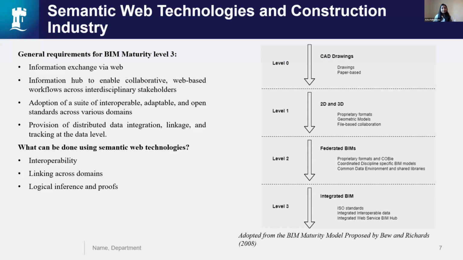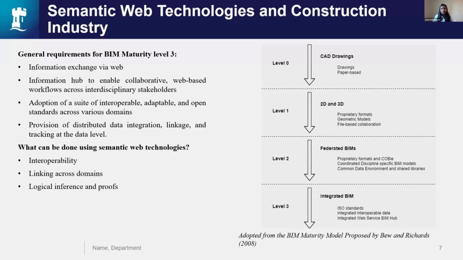In level 2, we use BIM software like Autodesk Revit, Autodesk Robot, and many other BIM authoring software to create models.